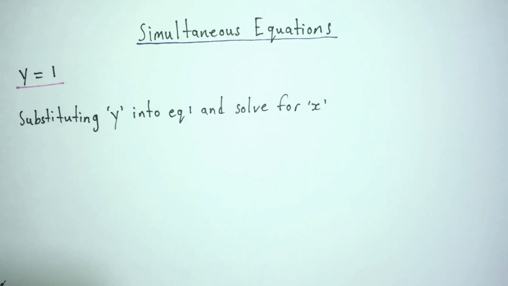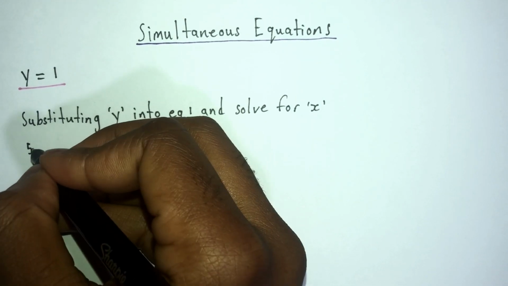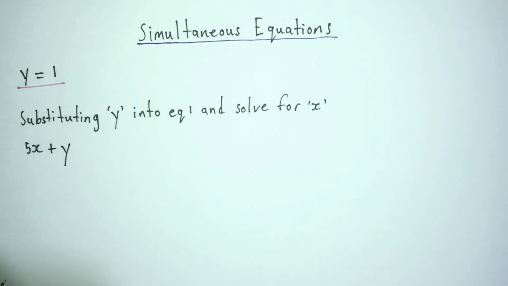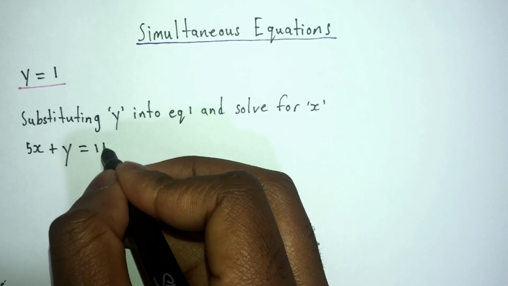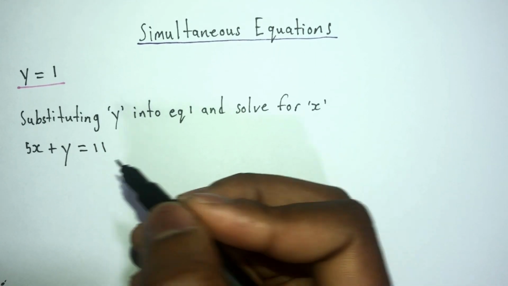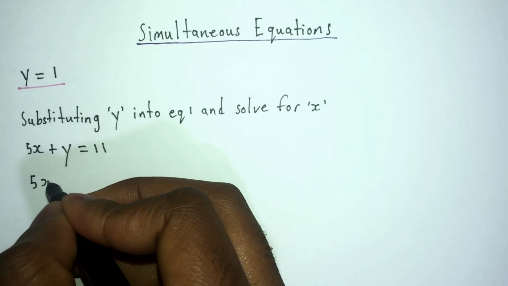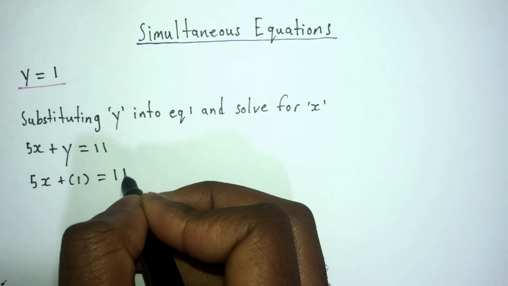And equation 1 is 5x plus y equals 11. And our y value is 1. So this leaves us with 5x plus 1 equals 11.